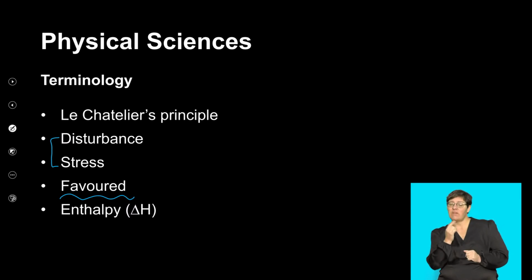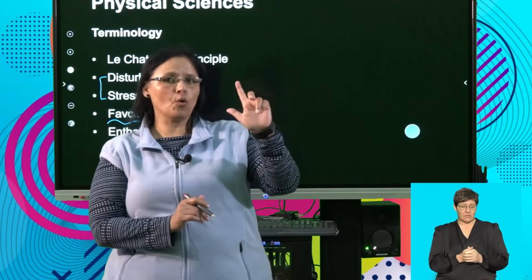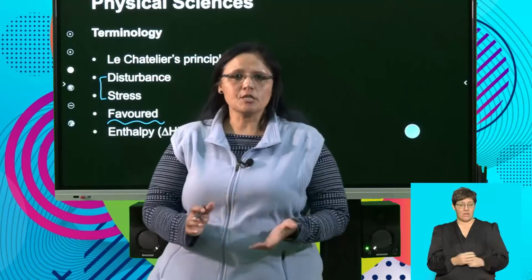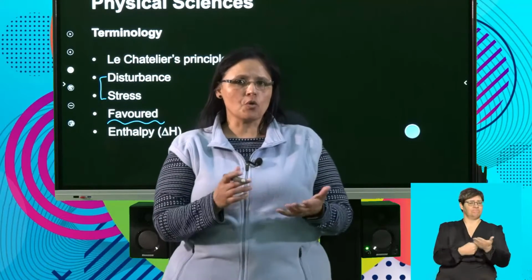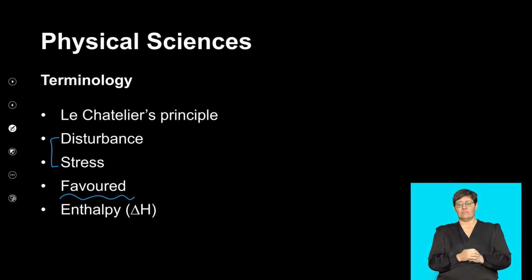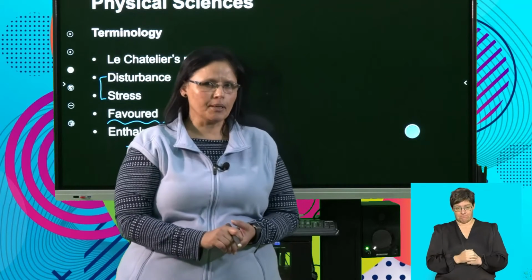When we look at chemical equilibrium, we know that it must happen in a closed system, and it should always be a reversible reaction. So with the reversible reaction, we're also going to talk a lot about our delta H, or our enthalpy, and we will refer to this a lot as we work further with Le Chatelier's principle and chemical equilibrium.